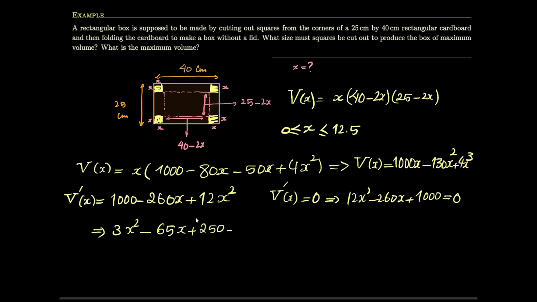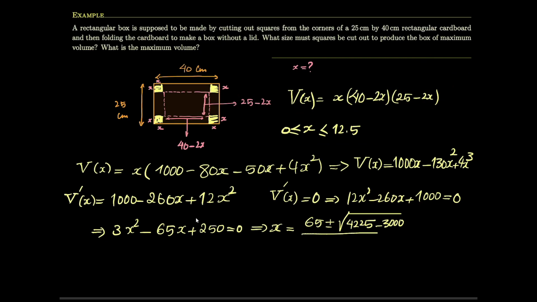Okay, so this is equal to 0. And then I have to solve this equation. So x becomes minus b, which is 65, plus or minus 65 to power 2 is 4225, yes? And then minus 3000, 4 times a times c, yes?